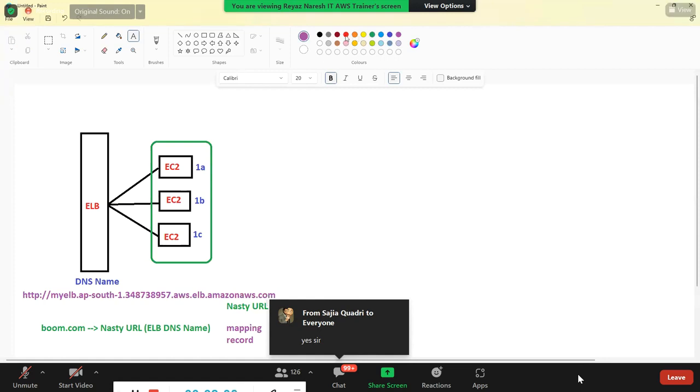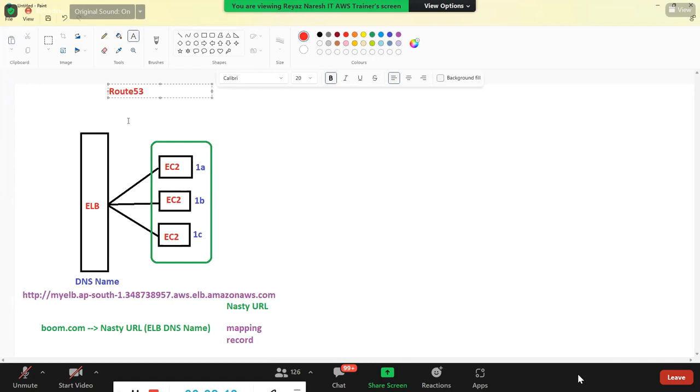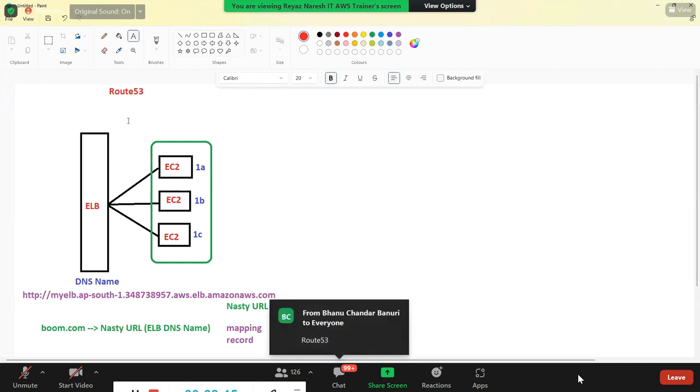There is a service called Route 53. Write down: there is a service called Route 53. If anyone asks you what Route 53 is, say that Route 53 is a DNS service in AWS. Mapping, pointing from boom.com to the nasty URL, all these things will be handled by the DNS.